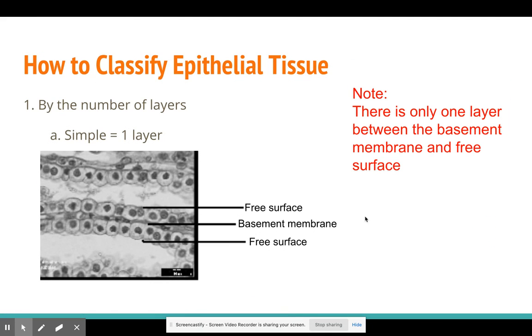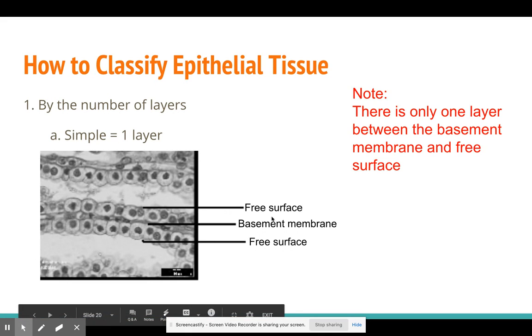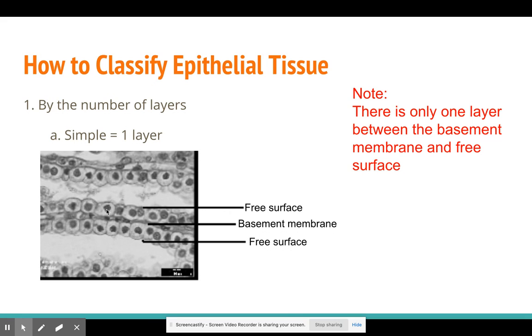Again, how to classify epithelial tissue. Number of layers. If you look at this picture, we have a free surface, basement membrane. So this is one single layer. It looks like two layers, but it's one single layer.